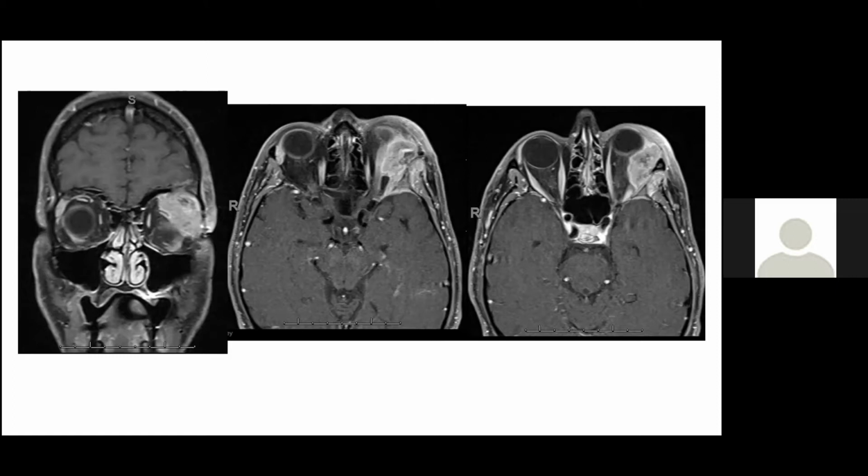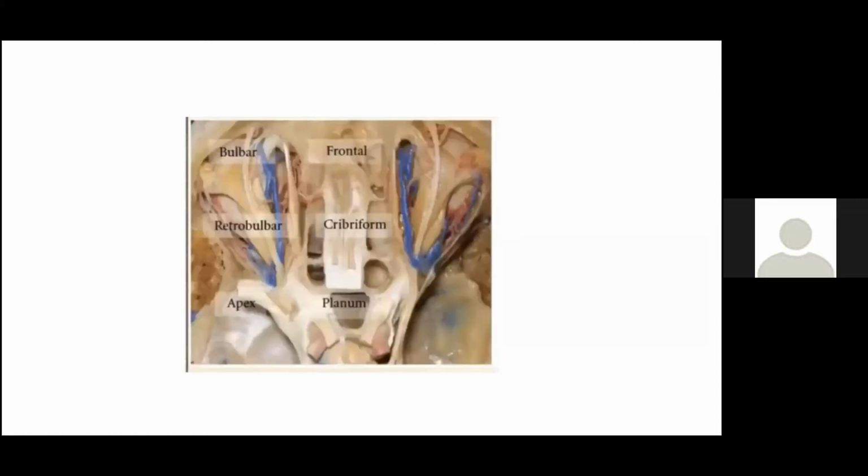So this guy got an excisional biopsy by oculoplastics. This is what I was talking about. When you're thinking about lesions of the orbit, it's helpful to break it down into broad categories, and that helps you eliminate certain categories and focus on others. So there's bulbar lesions, retrobulbar lesions, and apical lesions.